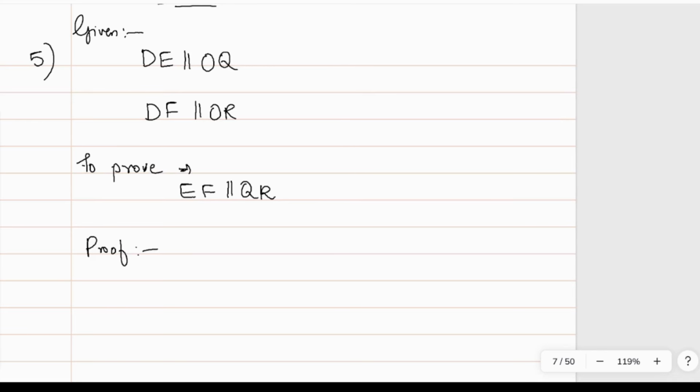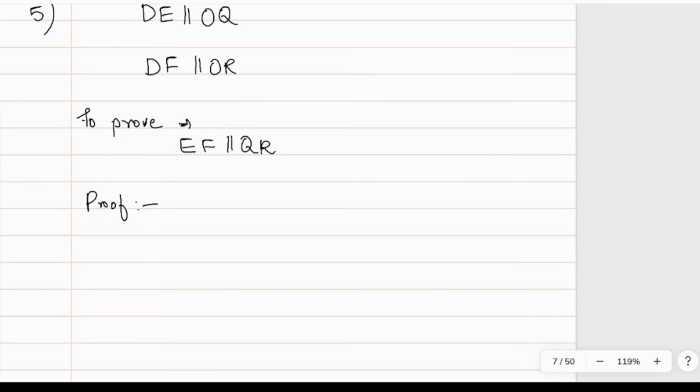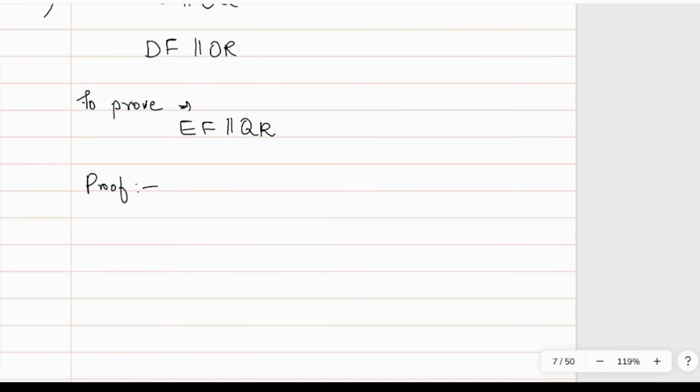So now we have to draw the figure. The figure is given in the question. In the question it is given like this way, okay?